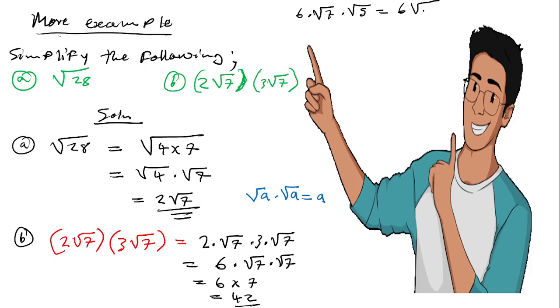So this 6 times square root 7 dot square root 5 can be written as 6 square root 7 dot 5. So 7 times 5 is 35 and then 6 will remain. Is that okay now? Oh yeah, I've understood. Thank you.